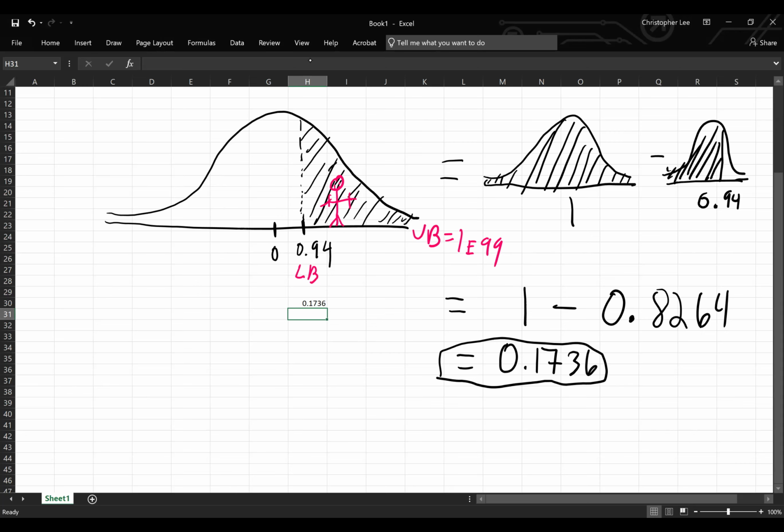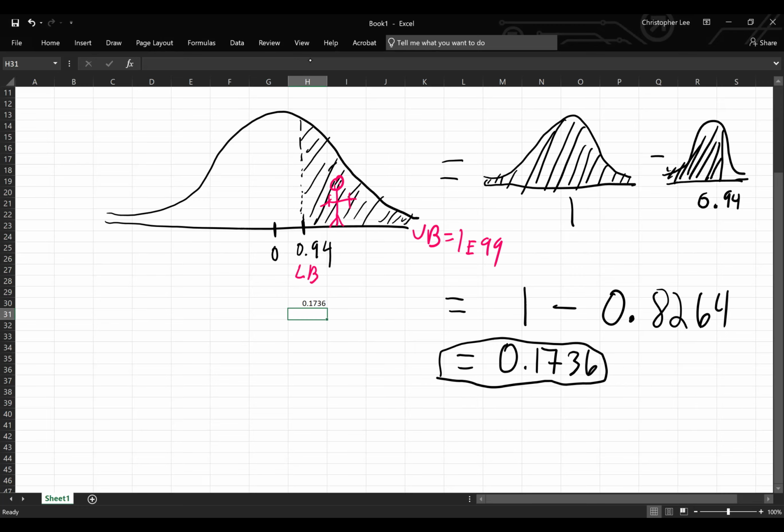Perfect. Any questions? That's the right answer, but this is how you do it. So second, distribution, normal CDF.